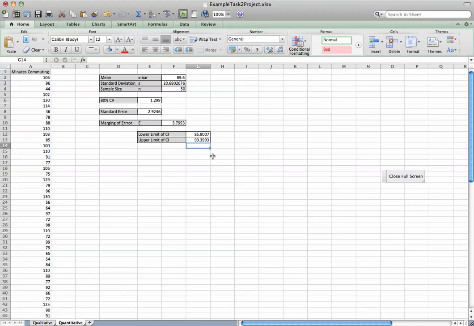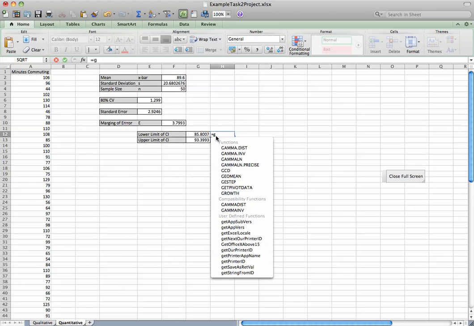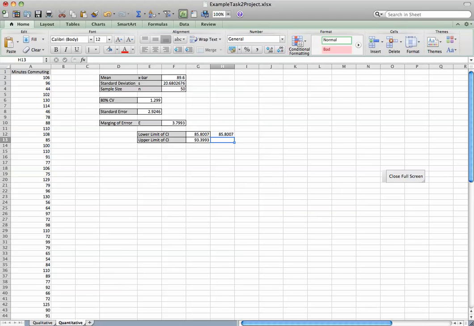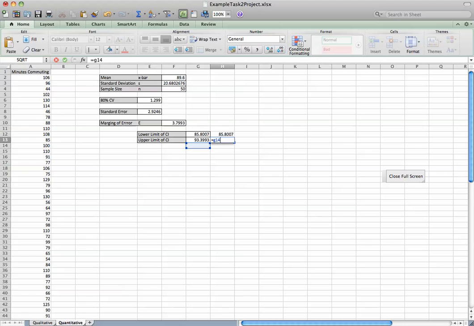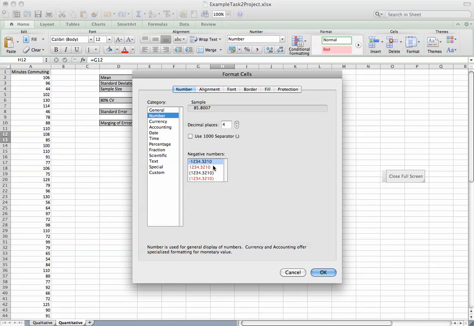And so now you see that I have my upper and my lower limits for my confidence interval, and I can round these appropriately. I'm just going to go ahead and copy G12 and copy G14, no, 13, and then I will show these appropriately, format those cells, and I'm only going to show one more decimal than the original data.